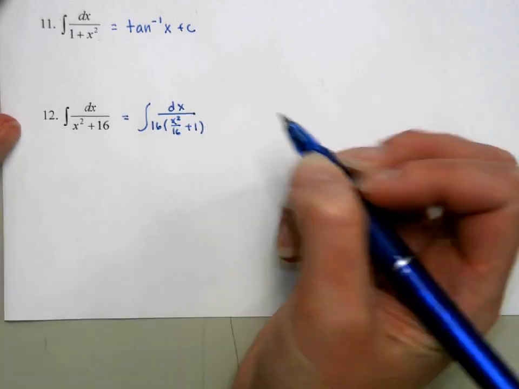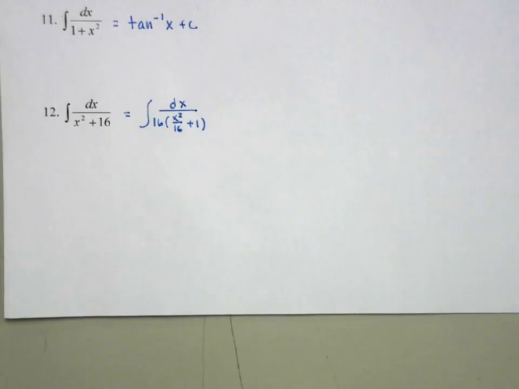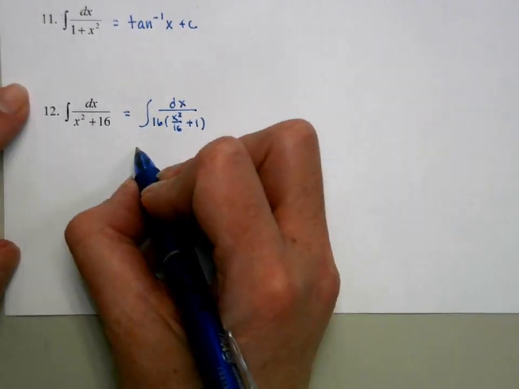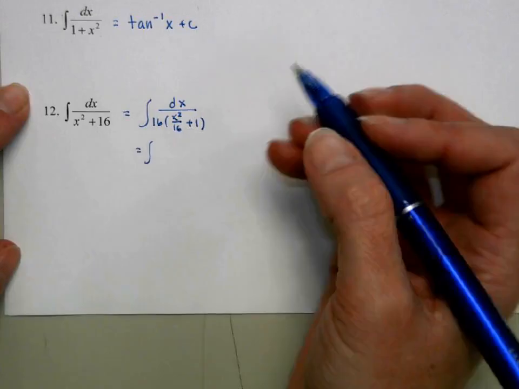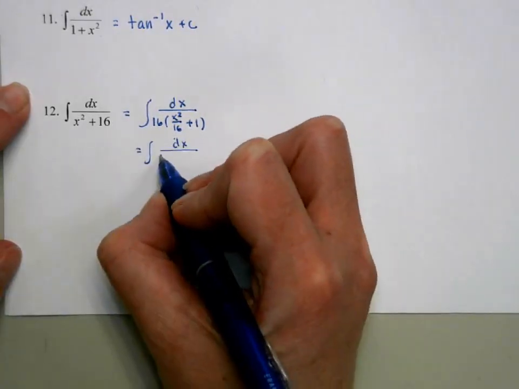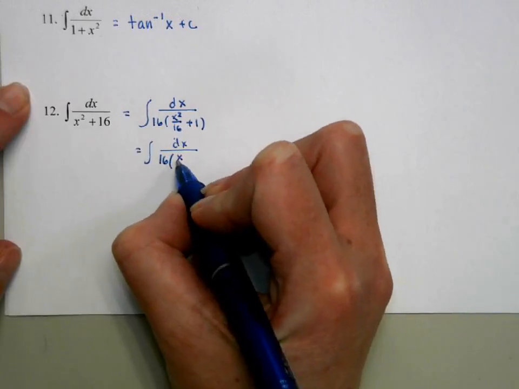Which means the x is now x squared over 16, and my 16 becomes a 1. Then I'm going to rewrite that as x over 4 squared.